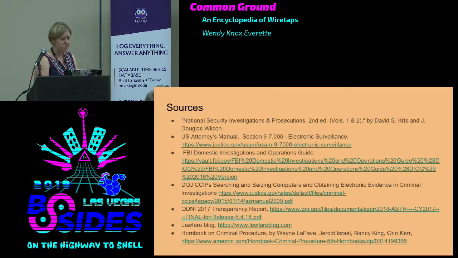The thing at the bottom is a book. So when you go to law school, you actually really learn law through like the supplements, and this is a very good horn book that basically taught me Crim Pro. And the top book is an insanely expensive book by David Kris that if you have access to a law library that has it, will basically teach you FISA and so forth. It's very good, but it's like $500 for 2 volumes or something insane. So try to find it in the library.